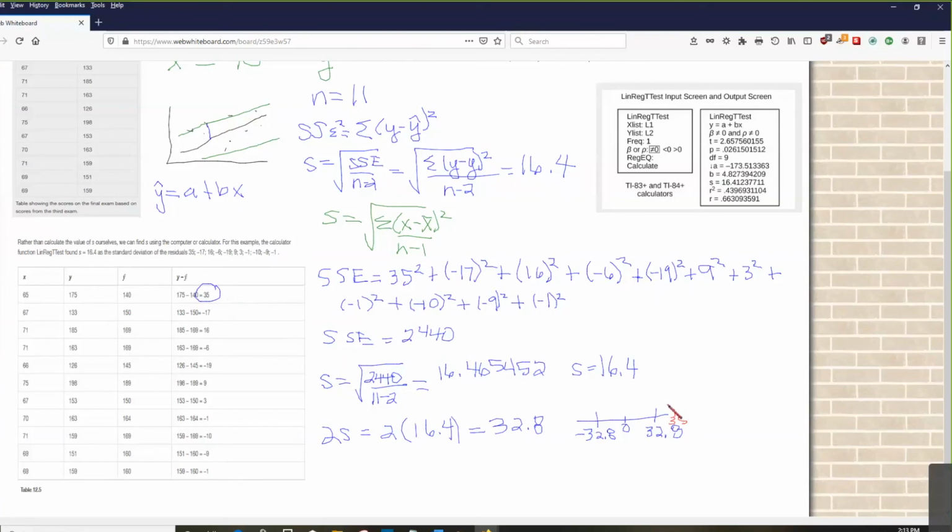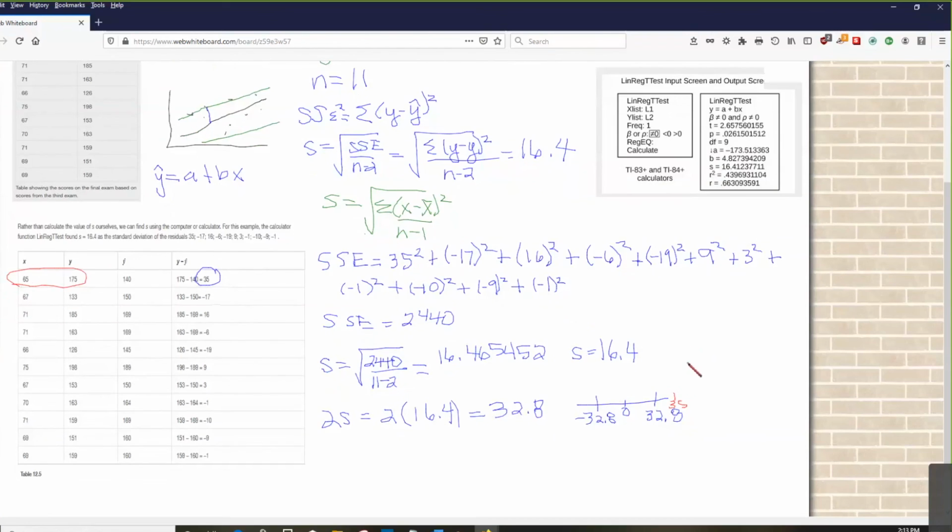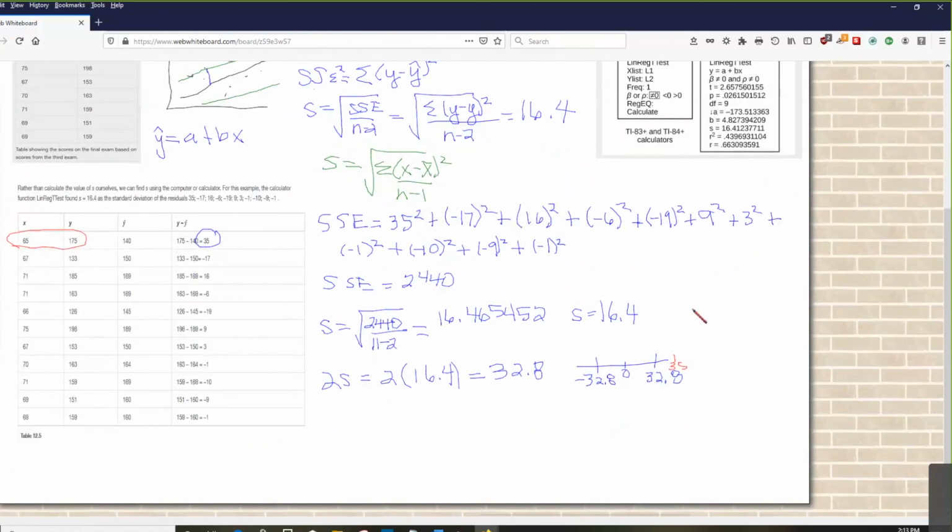So that tells us this point, 65, which is our x value, and 175 is considered an outlier because it is more than 2 standard deviations away from the line.